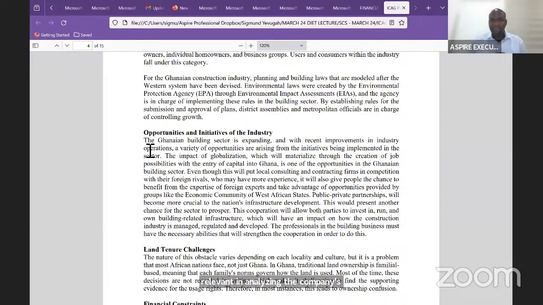Be it the PESTLE used for the macro analysis, be it the five forces used for the micro analysis, be it, what do you call it, the Porter's diamond used for analyzing comparative competitive advantage. And even the product life cycle, all the models relevant for analyzing the environment of an entity.